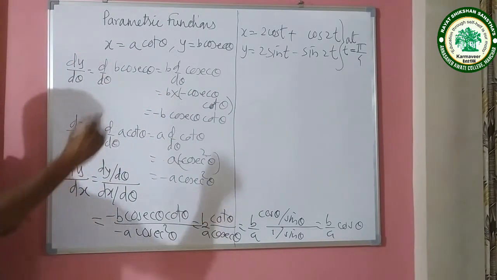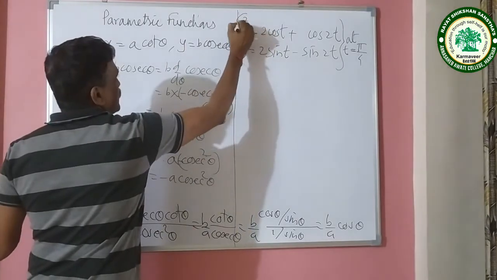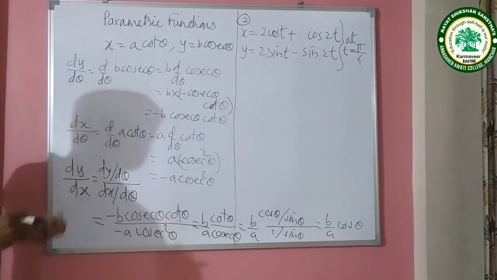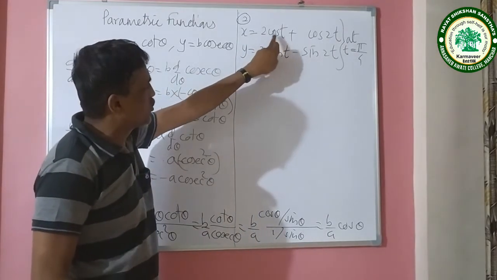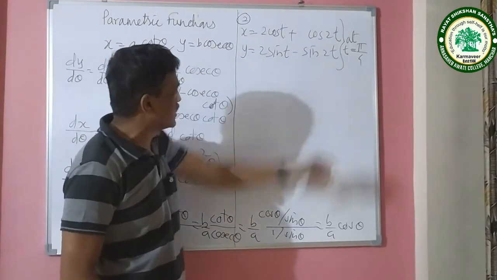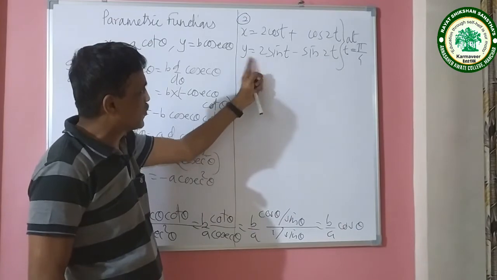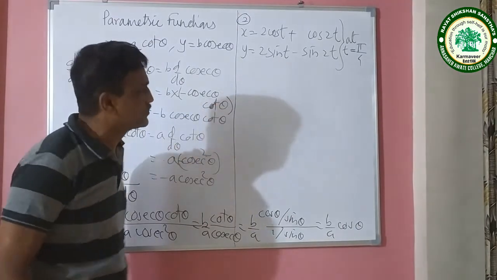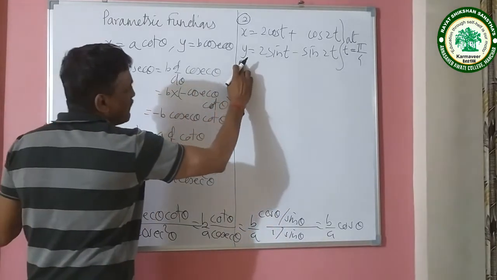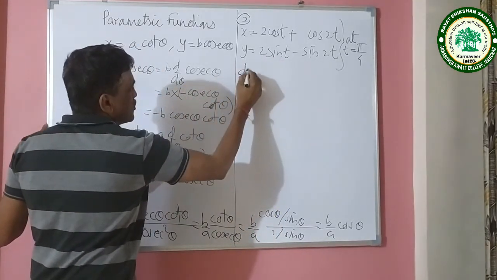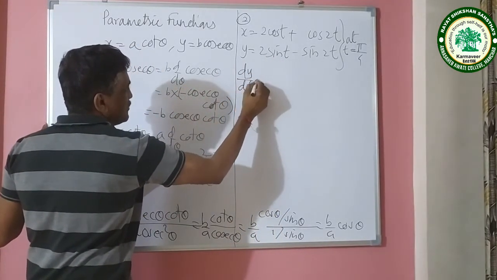Now, second example, this one. See, x is a function of t. X is equal to 2 cos t plus cos 2t. Y is a function of t. Y is equal to 2 sin t minus sin 2t. So let us find derivative of y with respect to t. So dy by dt.